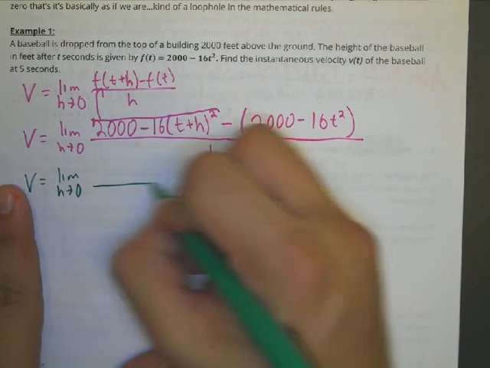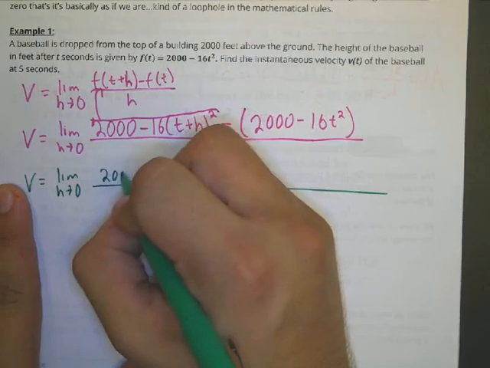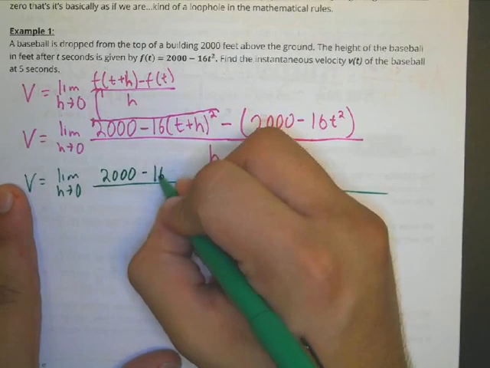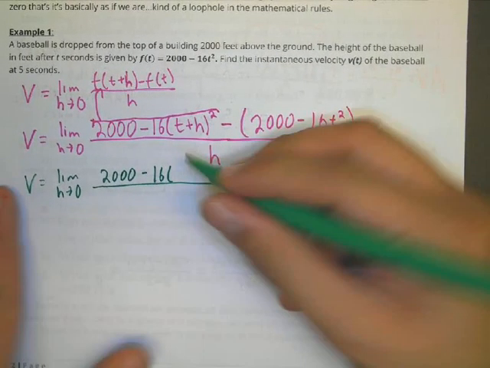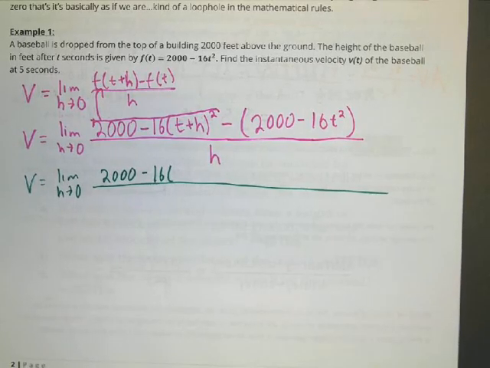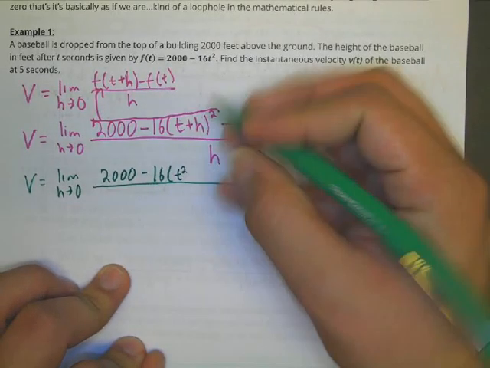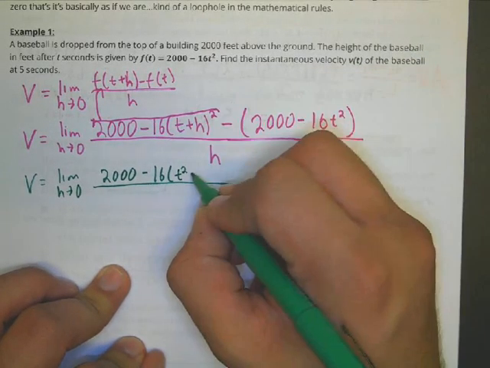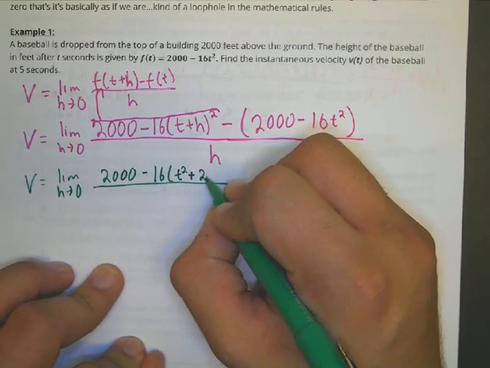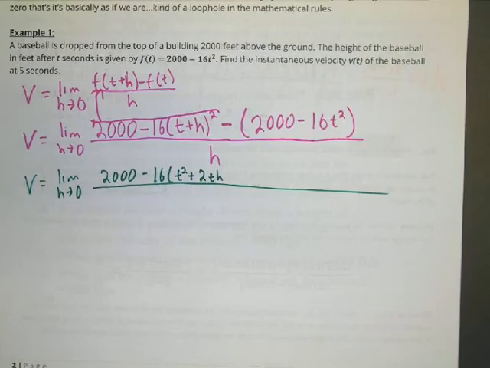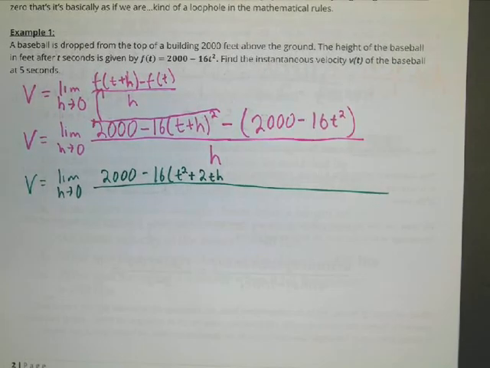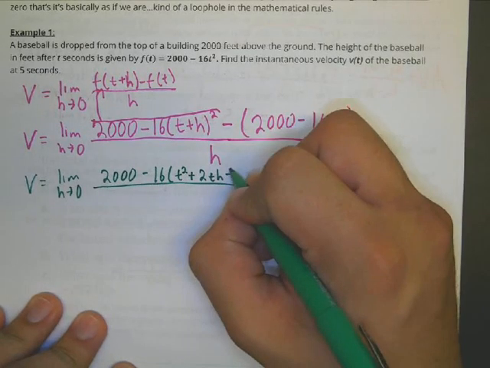Okay. So 2,000 minus, we'll leave that 16 in there for now. You expand, or again, you could use that trick I showed you, the difference of squares pattern, where you could say, okay, t plus h, you're going to get t squared, so you just do the first one, plus 2th, you just put a 2 times the two things multiplied by each other, plus h squared.